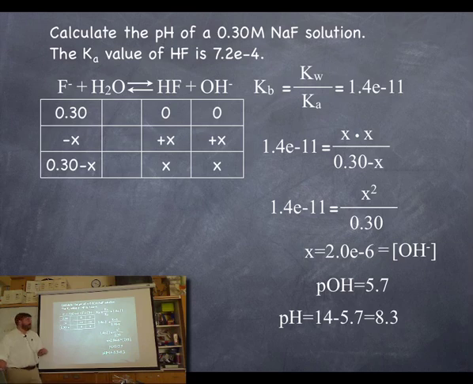So again, this is the core equilibrium mechanic: set up the ICE diagram, plug in the values, solve for x. This is all stuff we've been working on. Guys, treat that as a tool to solve equilibrium problems. Your key is recognizing what equilibrium I'm dealing with.